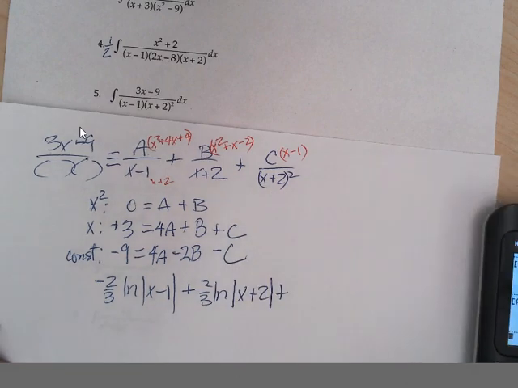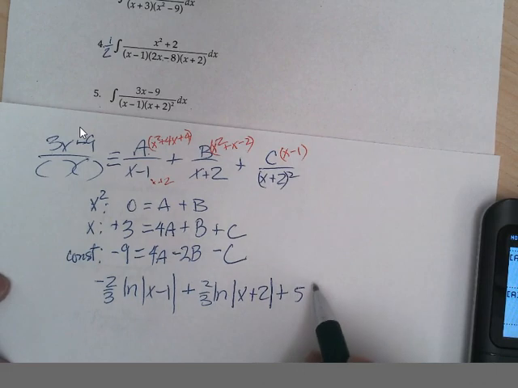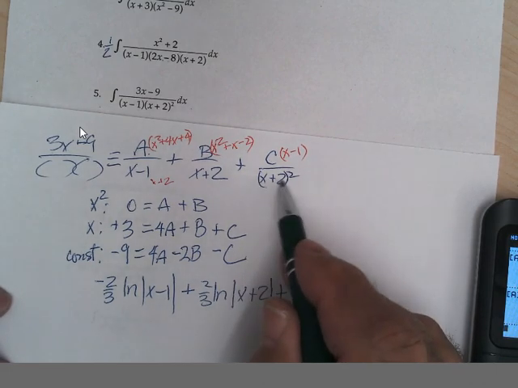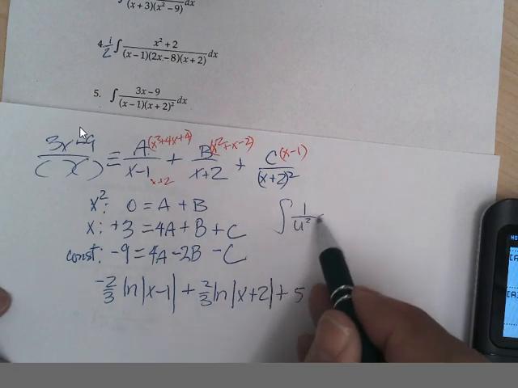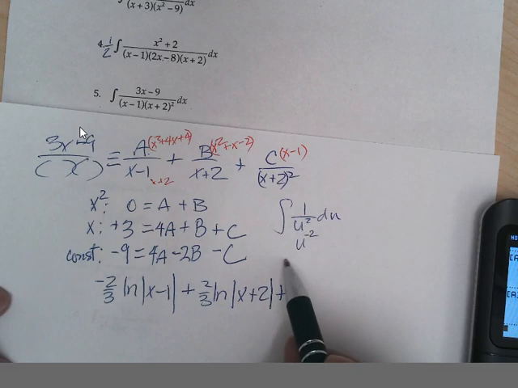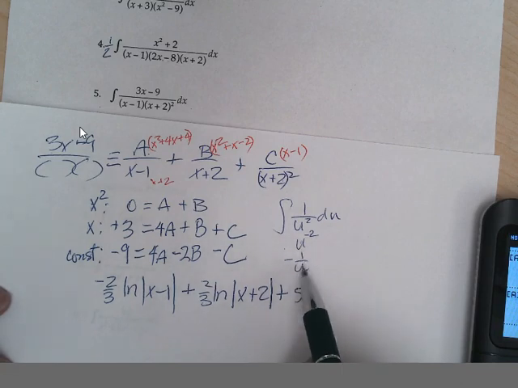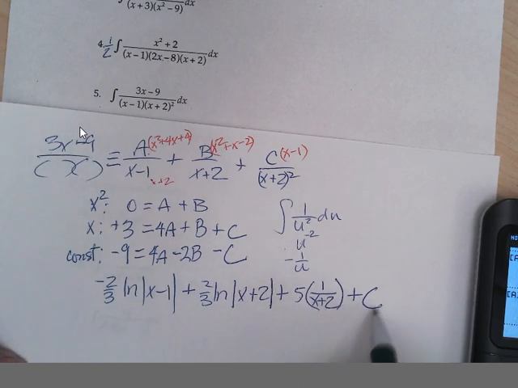That's going to be u sub, 5, and dx is going to equal du, so it's going to be the integral of 1 over u squared du, which is u to the minus 2. Integrated is minus 1 over u, because this becomes u to the minus 1 divided by minus 1, and u to the minus 1 is 1 over u. So it becomes 5 times 1 over x plus 2 plus c.